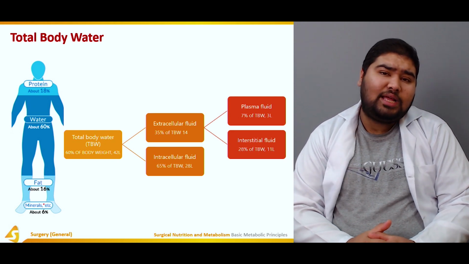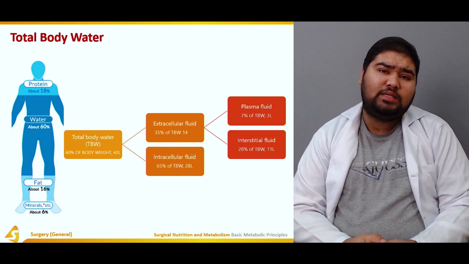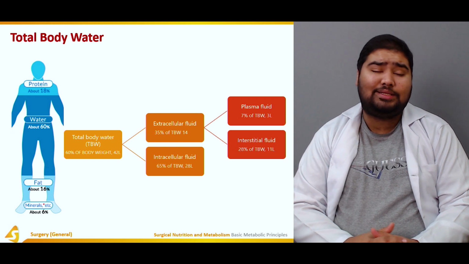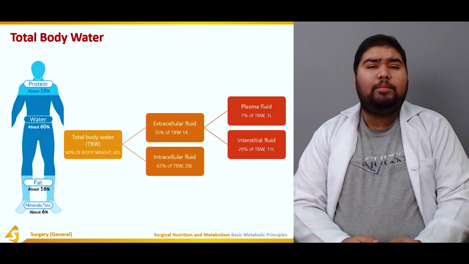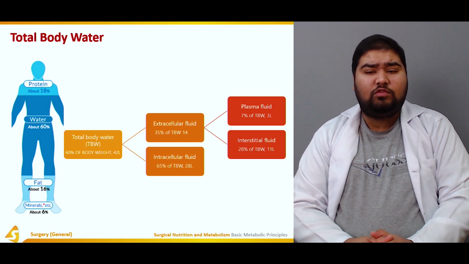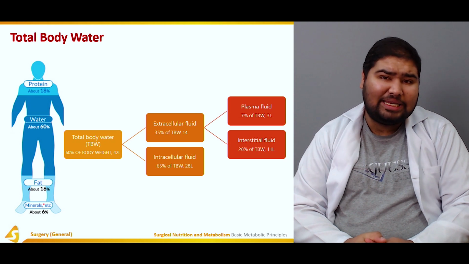The extracellular fluid is present outside the cells. It comprises about 35% of the total body water and is about 14 liters. The intracellular fluid makes up 65% of the total body water, and this is about 28 liters.